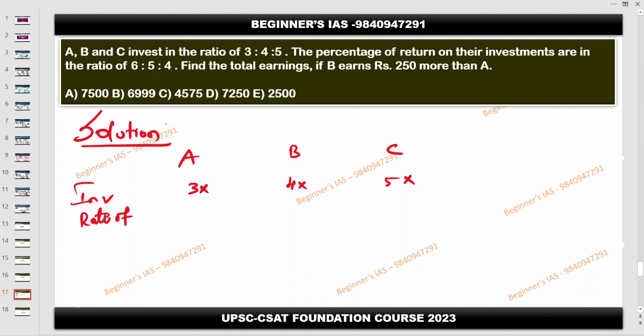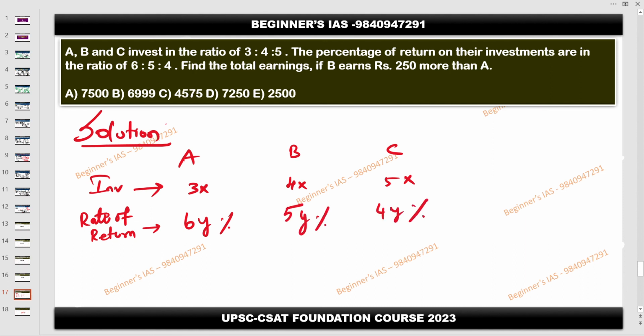So therefore the rate of return, or in a simple manner you can take it as percentage return. So this is nothing but the investment. So how much of that? 6% of their investment, then here 5, here 4. So what would be the return?